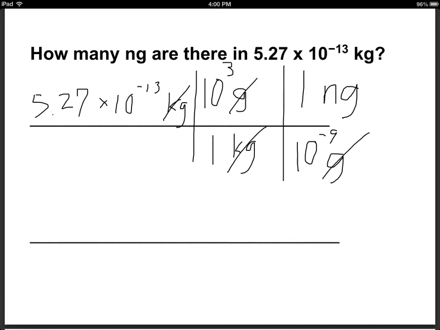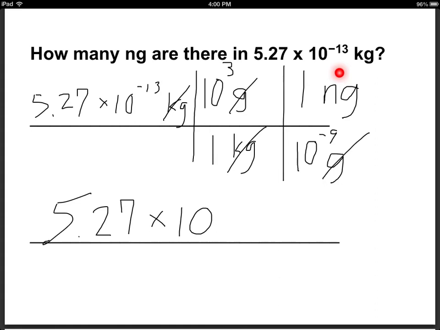And so if I start to shift my numbers around, we can see that essentially I have 5.27 times 10 to the, well, let's see, we've got negative 13, we've got 3 up here, and then here's 10 to the negative ninth, but this 10 to the negative ninth, I'm going to be able to move it to the top so that it's 10 to the ninth. So really we've got negative 13, 3, and positive 9, right?